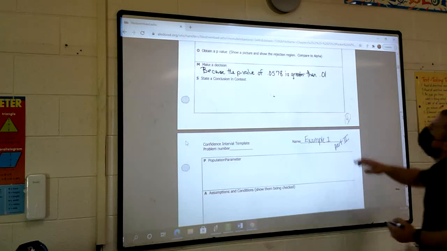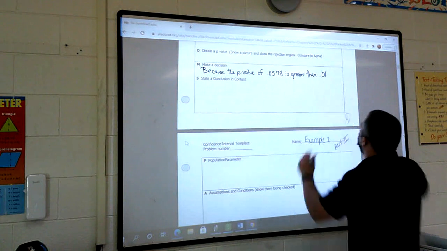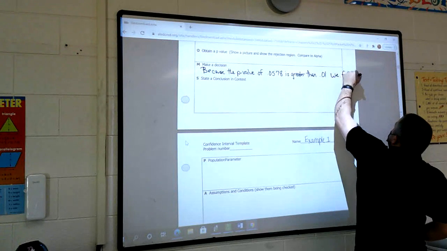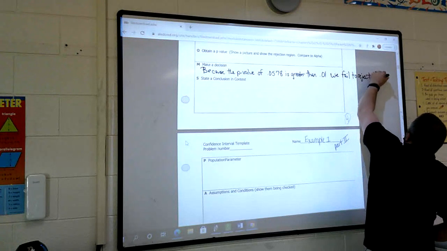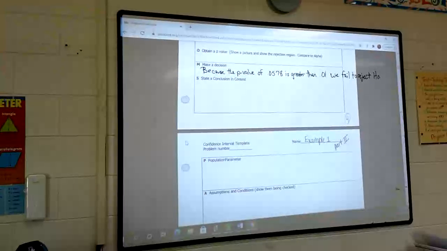So because the p-value of 0.0578 is greater than 0.01, what do you do? You fail to reject H0. Now, think about it, if the significance level is 0.01, we wanted there to be a less than 1% chance of the null hypothesis being true and us getting the results we got for us to reject it.